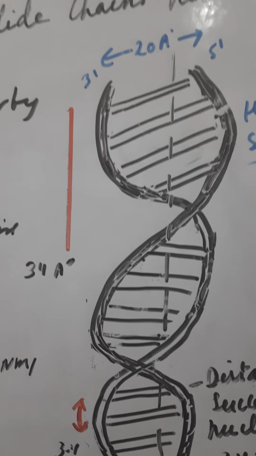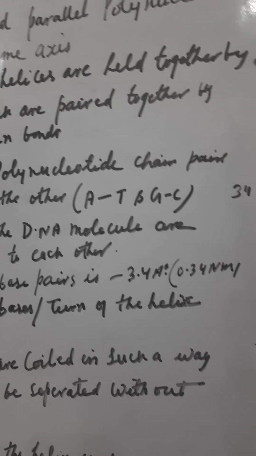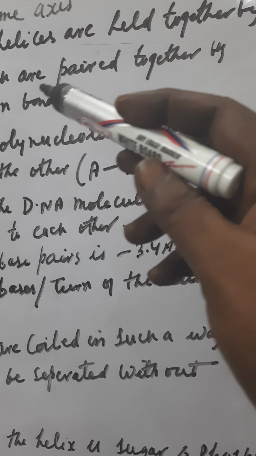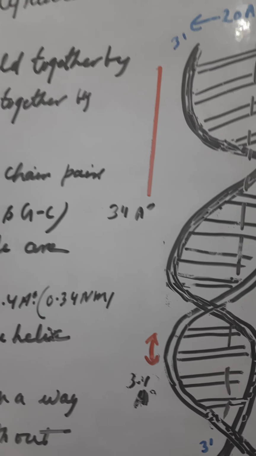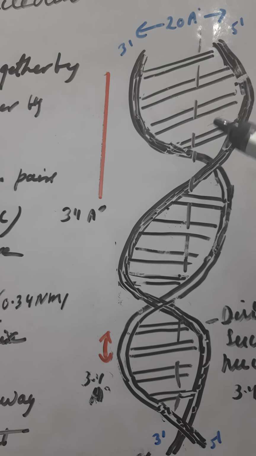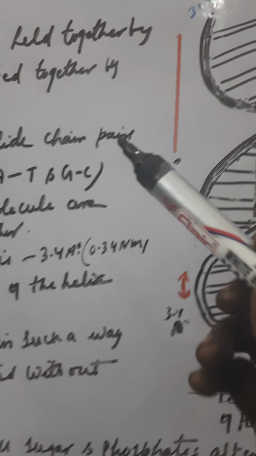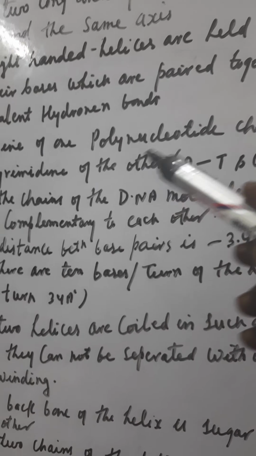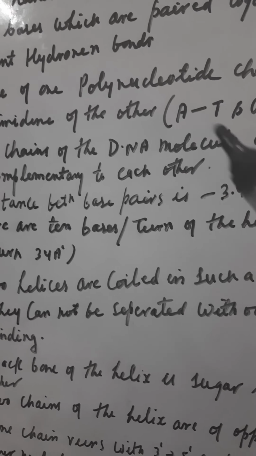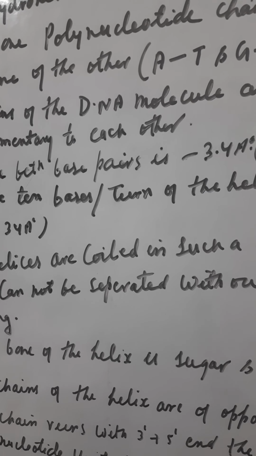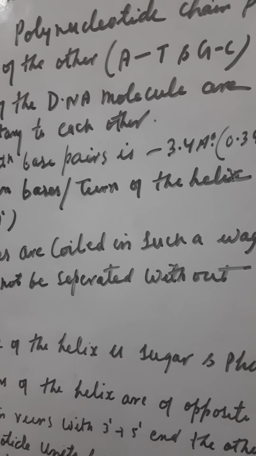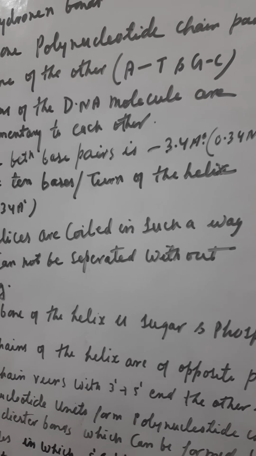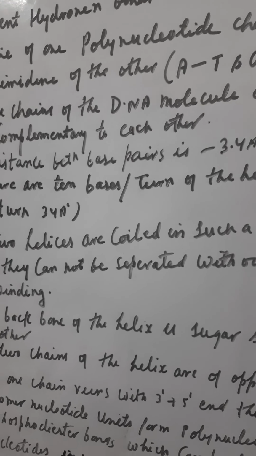Now right-handed helices are held together by their bases, which are paired by covalent hydrogen bonds. Purine of a polynucleotide chain pairs with the pyrimidine of the other. In that way, adenine will always pair with thymine and guanine will always pair with cytosine.